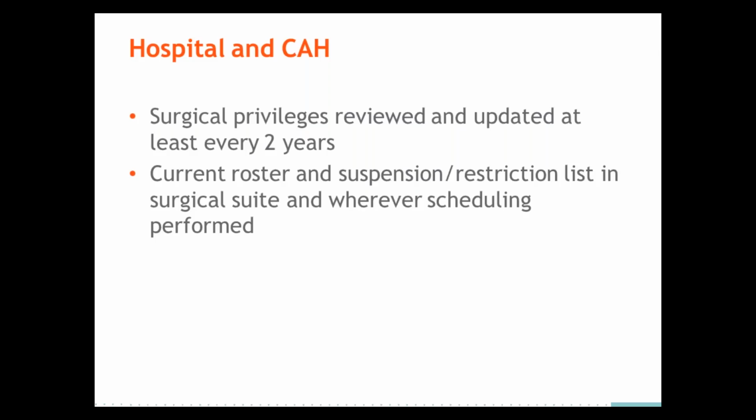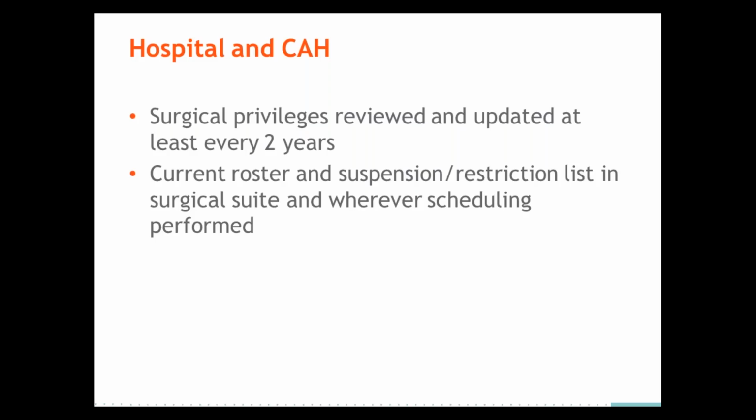But even if you do that, if the person has surgical privileges, those surgical privileges have to be reviewed and updated at least every 2 years. There's also a requirement for both hospitals and critical access hospitals that the surgical suite, and any place where surgery scheduling is performed, has a current roster of everybody's privileges, and a suspension or restriction list available.